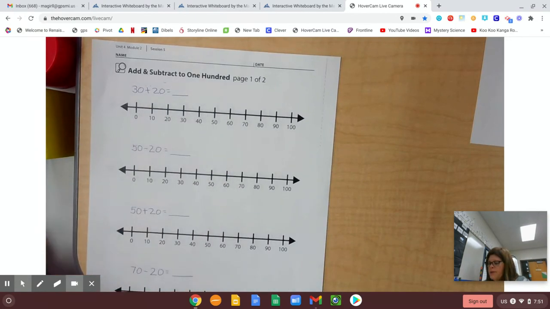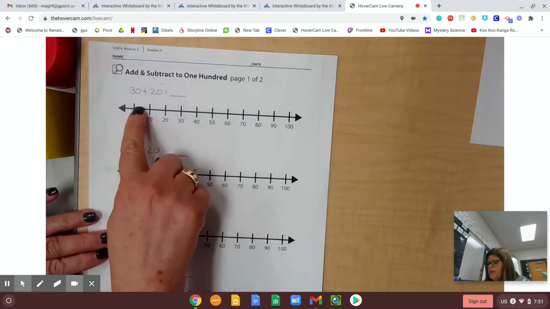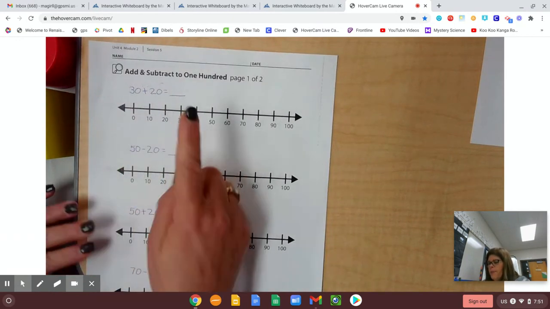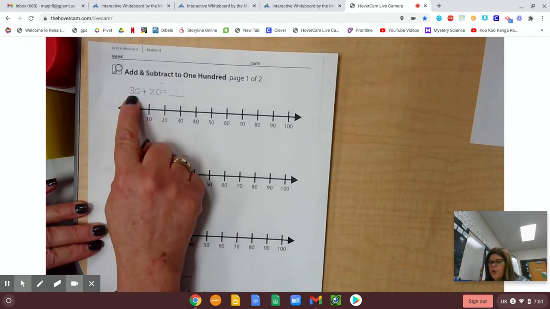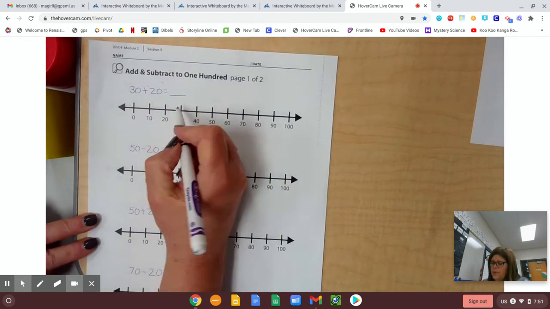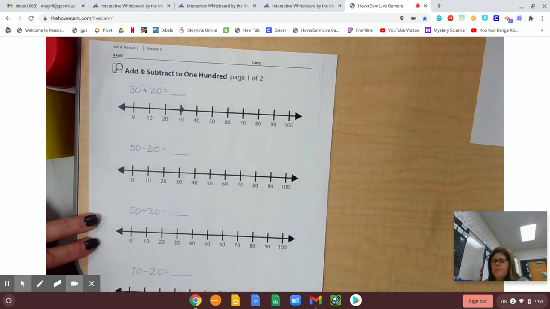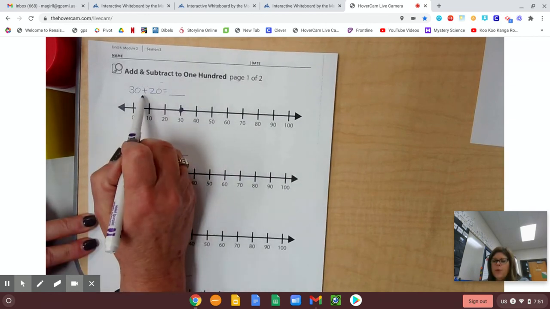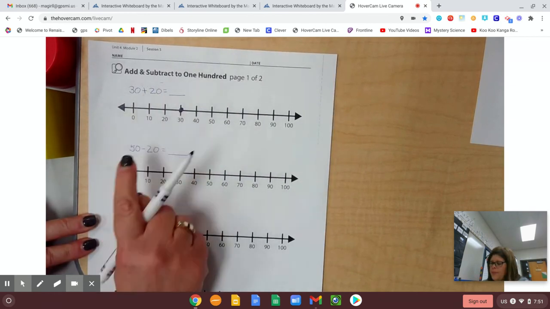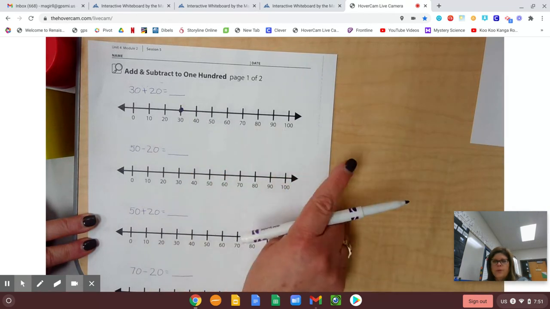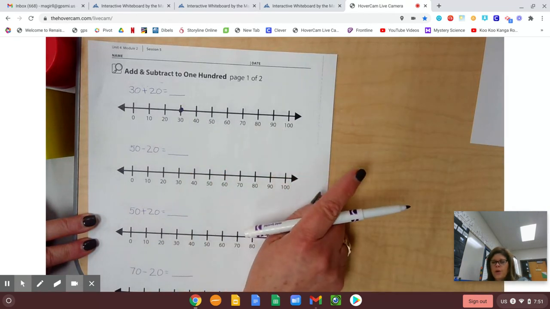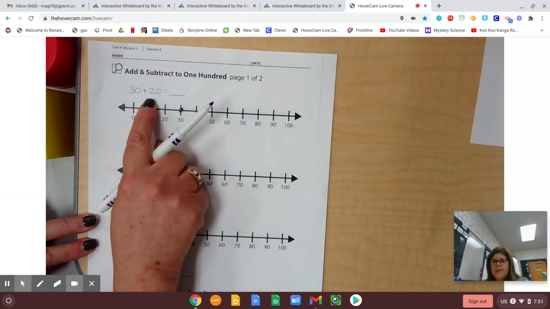Okay? So when we do this equation, we could start at 0 and do a really super big jump to 30, but basically we know that's the number we're going to start at. So I just want to start on 30. I'm going to put my little marker starting on 30, and I'm going to add. Add means I'm getting bigger, so I'm going to go up the numbers to the right. I'm going to add 20.